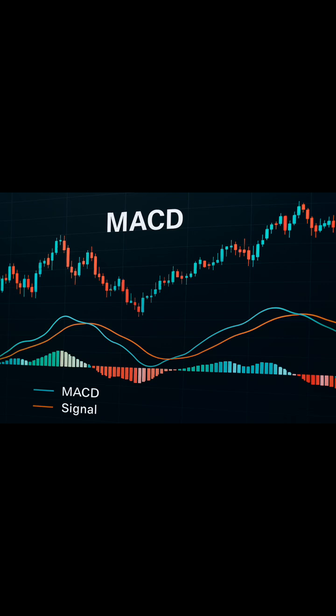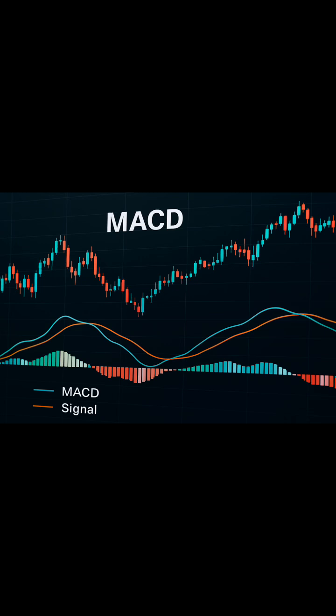4. Exit strategies. Determining when to exit a trade is as important as identifying entry points. Traders can use several methods to establish exit strategies. One approach is to monitor the MACD for crossovers in the opposite direction, for instance, exiting a long position when the MACD line crosses below the signal line.